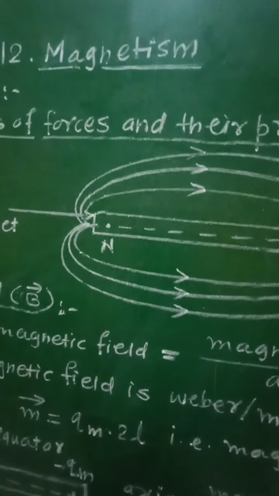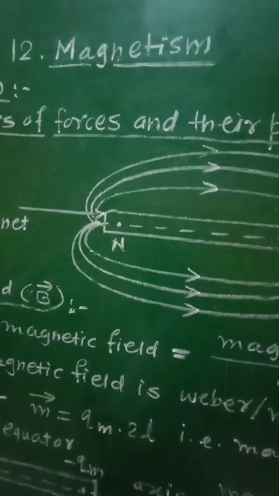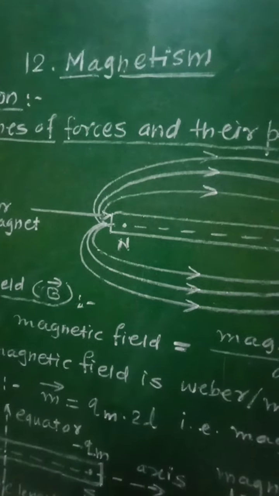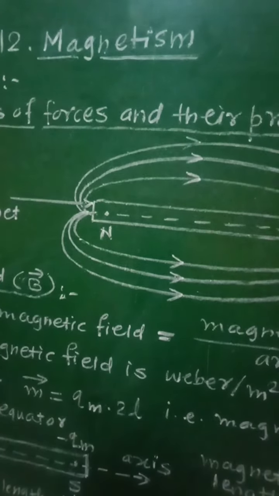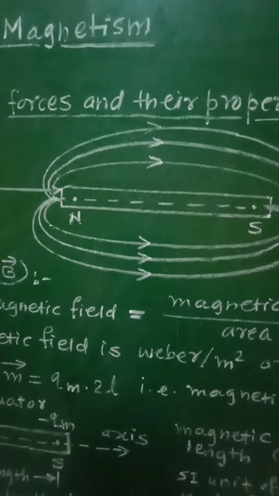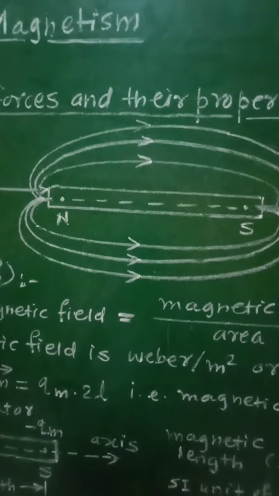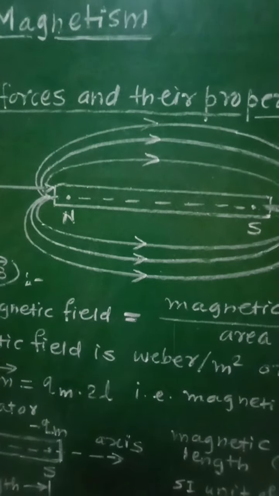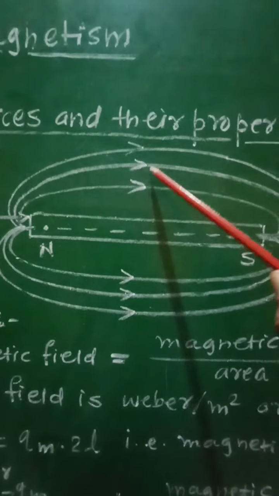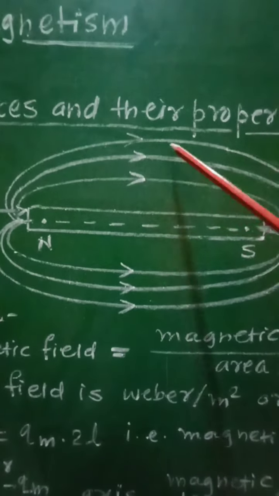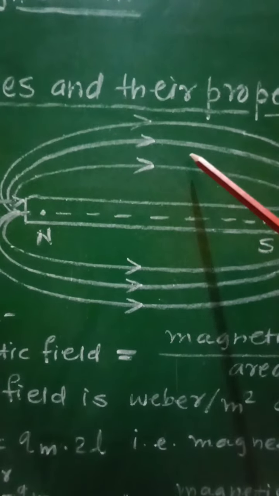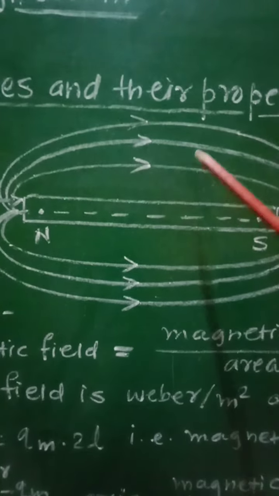Then the fourth characteristic is the number of lines of force crossing per unit area. The number of lines of force crossing per unit area decides the magnitude of the magnetic field B at that point.